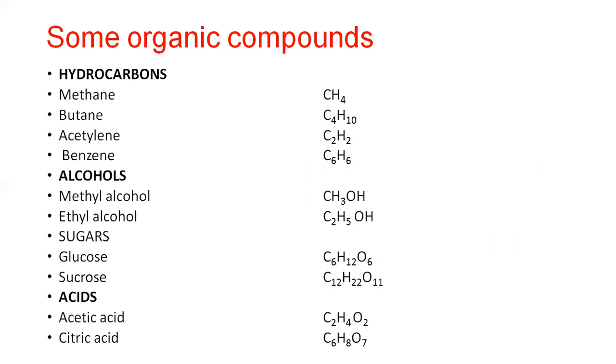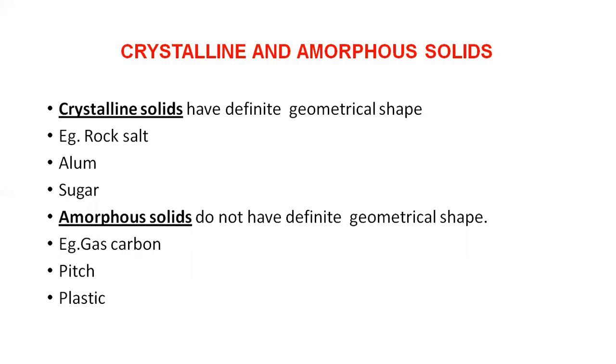Next topic about crystalline and amorphous solids. Solids are classified into two classes: crystalline solids and amorphous solids. Solids that have a well defined or definite structure or definite geometrical form are called crystalline solids.